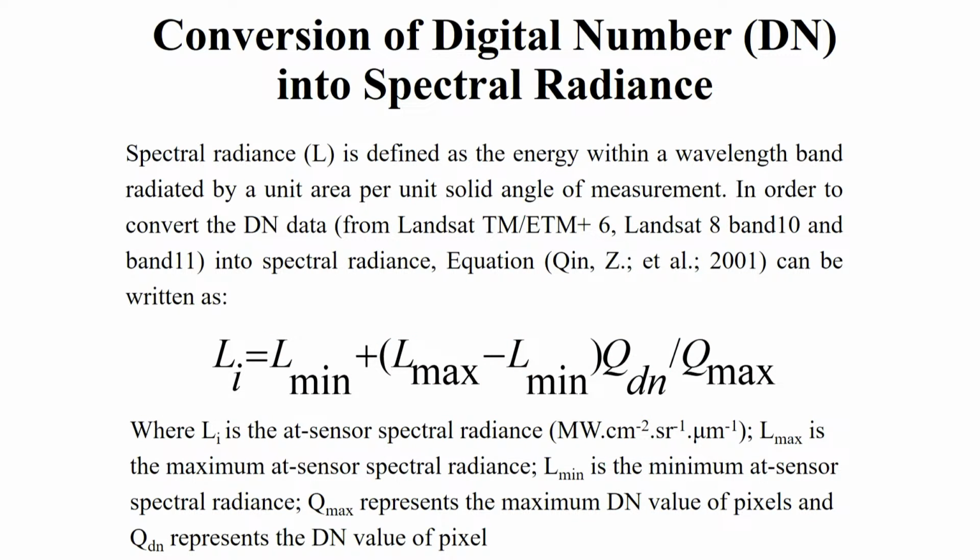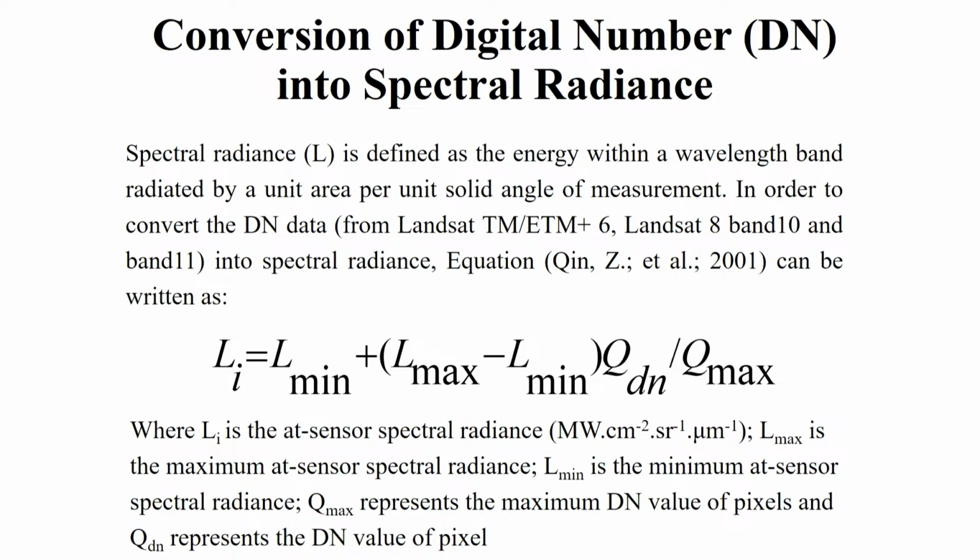Now when we have the thermal dataset, the information will be stored according to the number of bits, or you can say according to the radiometric resolution. The thermal emission will be received by the sensor and stored in terms of pixel values, or digital numbers. So this is our first task. When we have the thermal dataset, the first task should be to convert the digital number into spectral radiance.